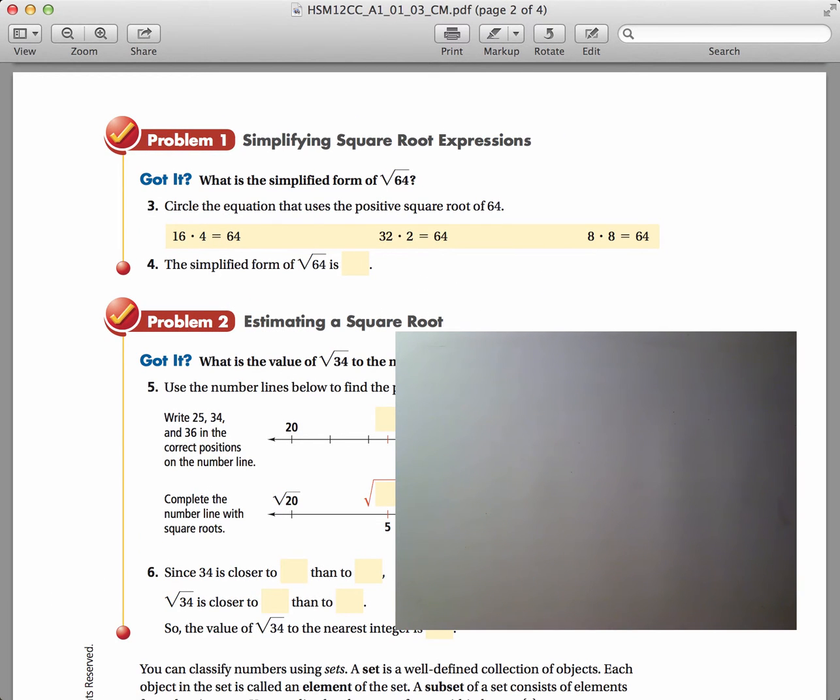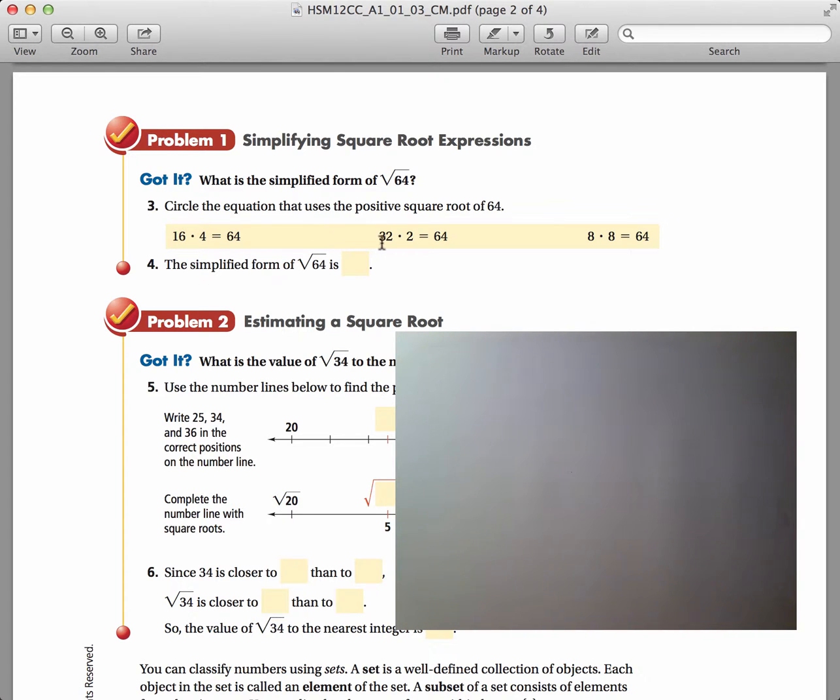Number 3 on our sheet says, what is the simplified form of the square root of 64? Circle the equation that uses the positive square root of 64. Which one of these? 16 times 4 is 64, but are those equal?